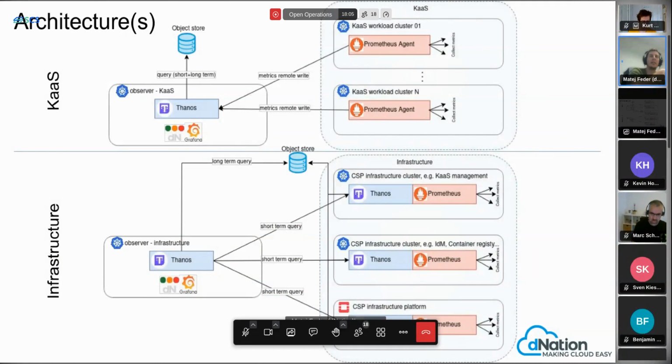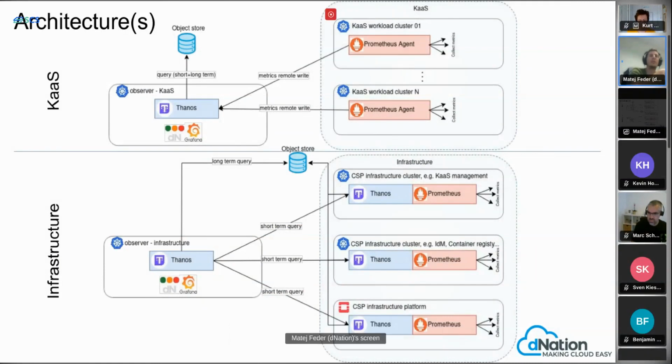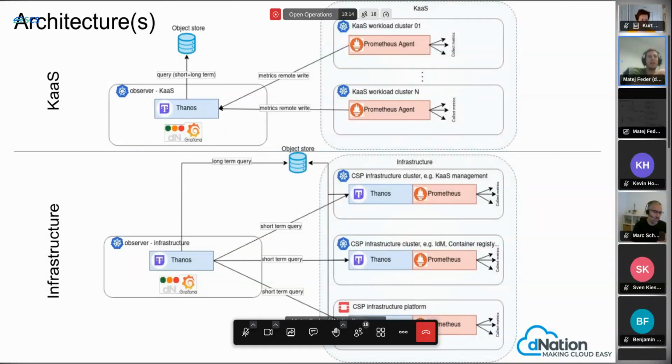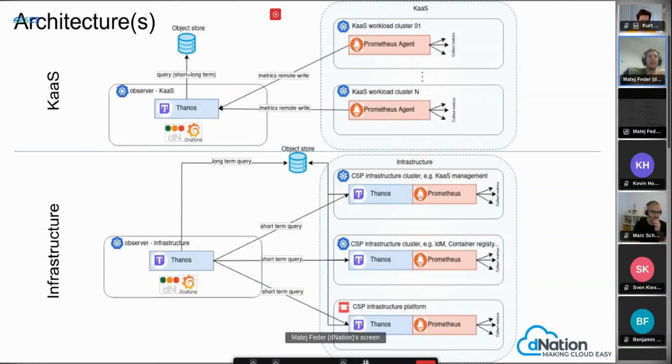In summary, there are two distinct architectures, one dedicated to infrastructure and another one focused on Kubernetes as a service offerings. The one designed for infrastructure, located at the bottom, employs a pull-based model, meaning that the observer cluster pulls metrics from various infrastructure components.